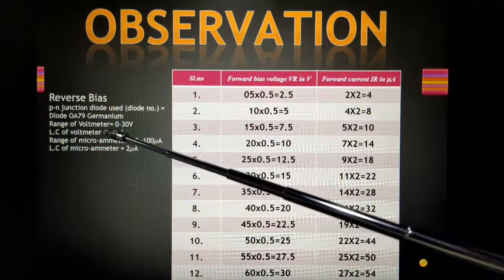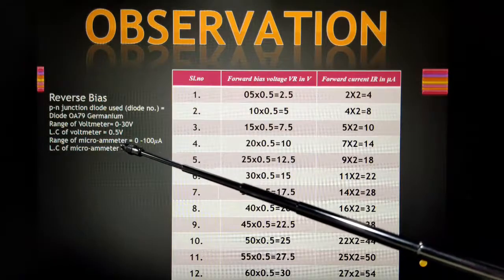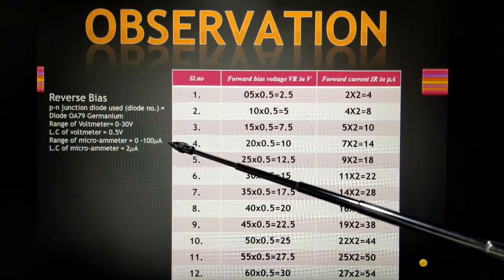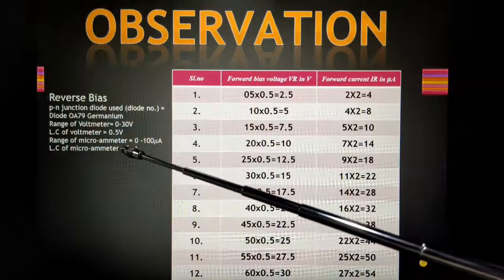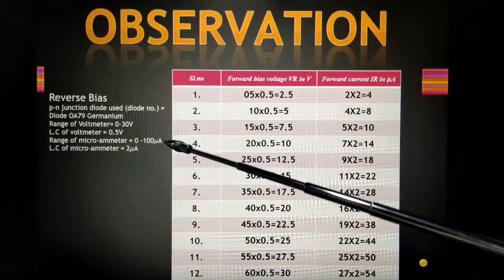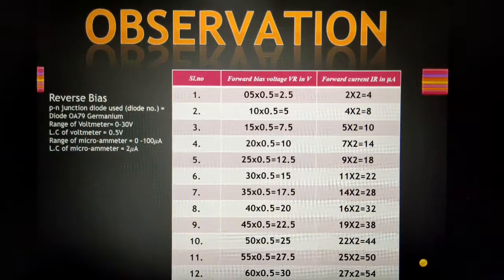Then least count of voltmeter is equal to 0.5 volts. Range of microammeter is 0 to 100 microampere. Note that the current is very small here, and least count of microammeter is 2 microampere. These are the observations. Please check your observations once more.